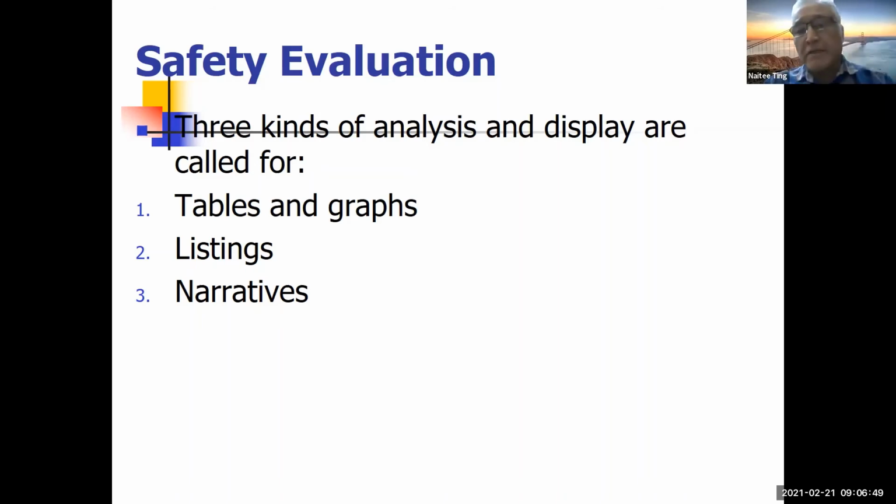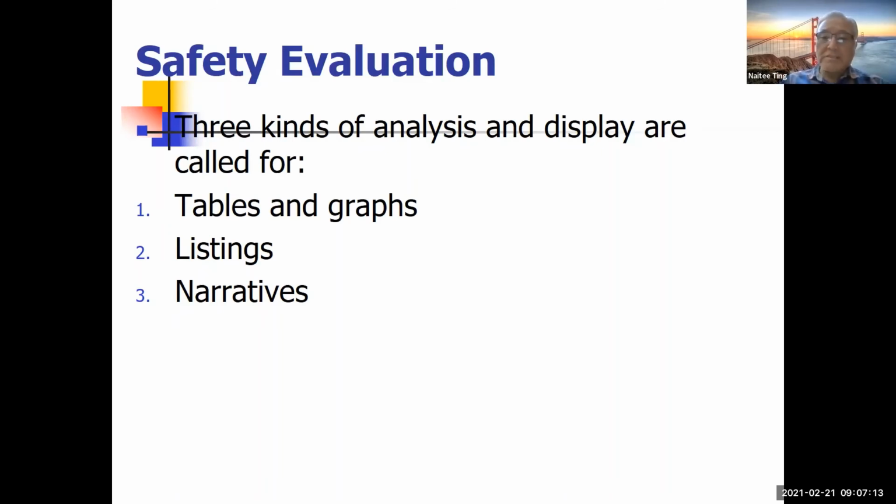Let me give you an example of listings. Now, let me go back to the basics, the fundamentals. In a clinical trial, every piece of data we collect, we have to report. All right, so we're obligated to report to the regulatory agencies every piece of safety data we collected.